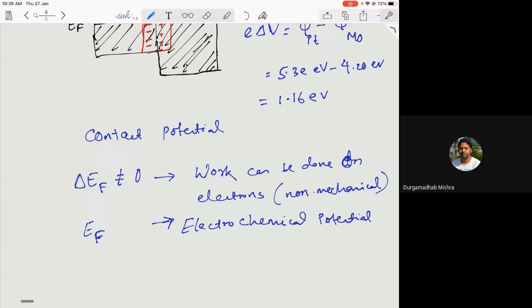When you make the junction, you make sure that delta EF will be 0, so that no electrochemical work is done on the electron. Unless you are applying an external field, or giving external temperature or light, you cannot do any work on the electron to move it from one point to another.